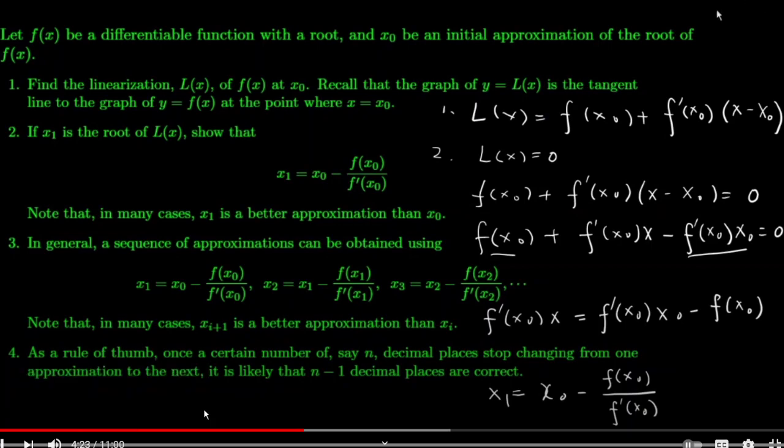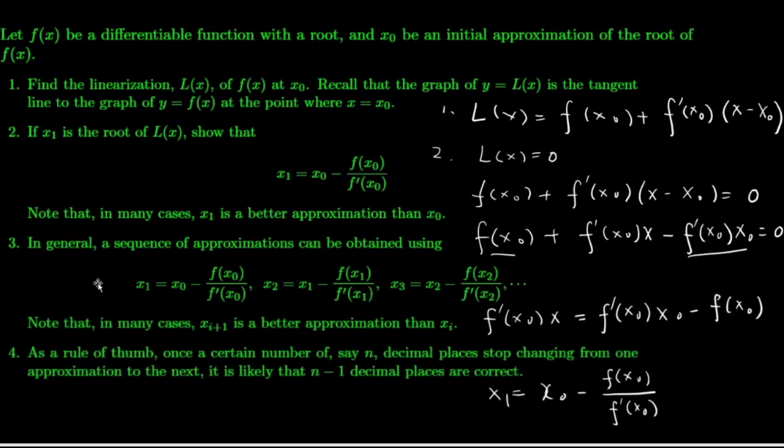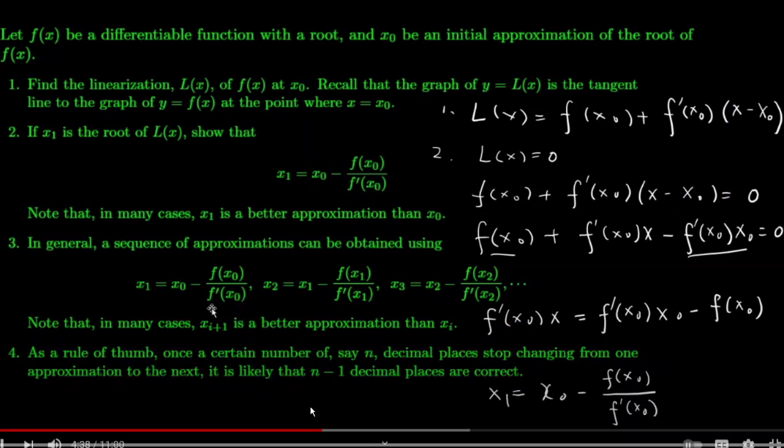Item number 3 is basically the statement of Newton's method. The meaning is that if we know the initial estimation x0, then we can use the formula to get the next approximation x1. After getting x1, we can use the same formula to get a better approximation x2.